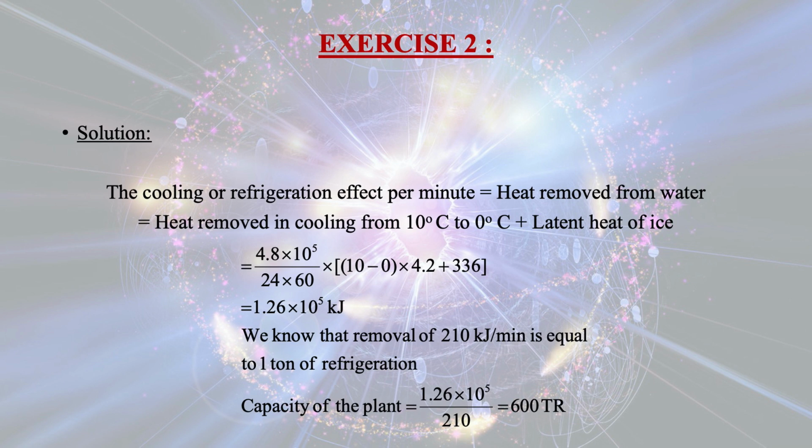First of all, while cooling, we have to cool the water from 10 degrees centigrade to 0 degrees centigrade. After that, the 0 degrees centigrade water, we have to cool it so that it will be ice at 0 degrees centigrade. For that case, you have to remove the latent heat. So in two parts, we have to calculate the heat removed from water.